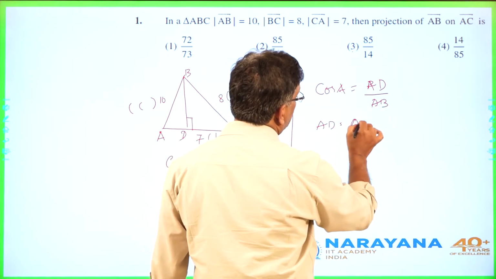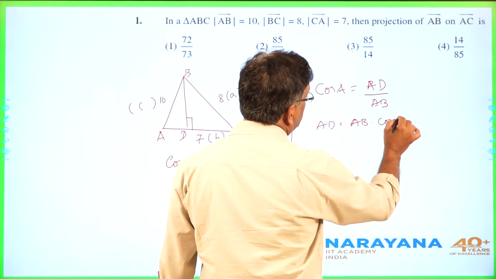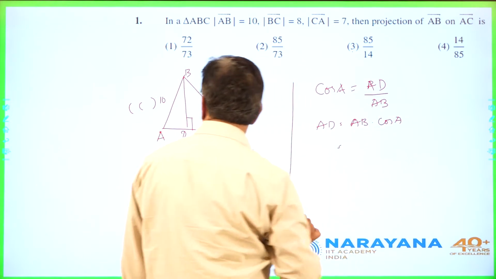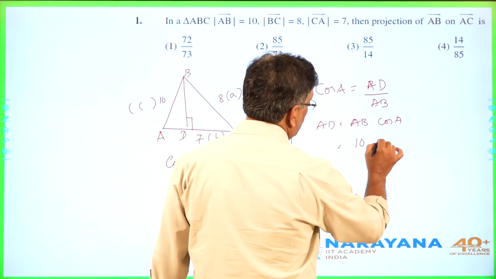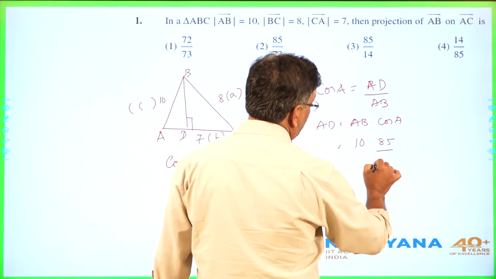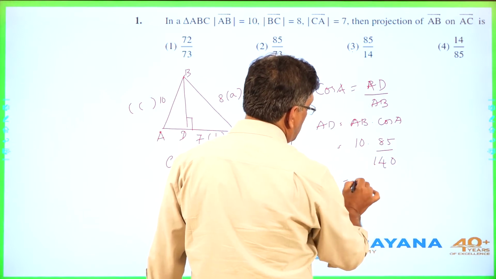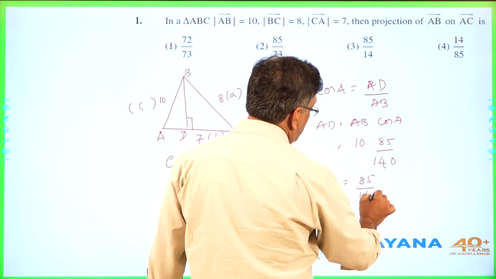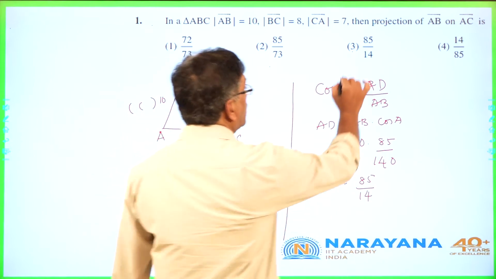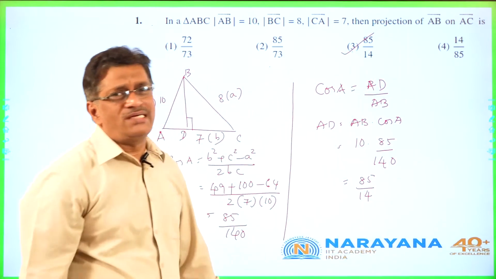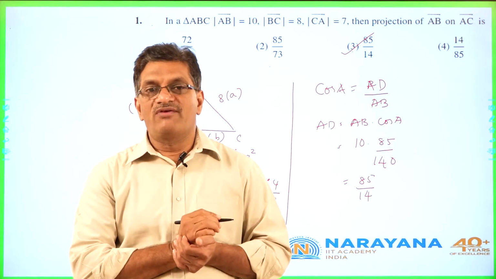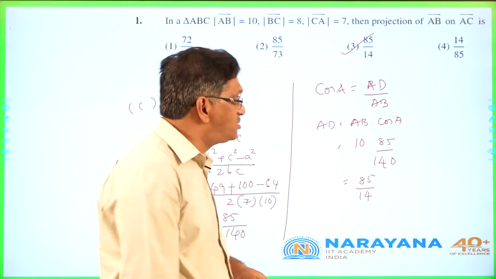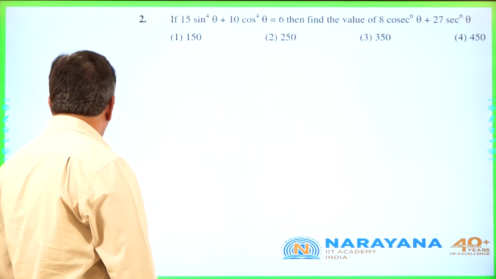AD is equal to AB into cos A. AB is 10, given. Cos A we got as 85 by 140. That is 85 by 14. It is a projection, but it doesn't mean that we have to go to vectors always. Normally we can find it from properties of triangles. Okay, let us go to the second question.